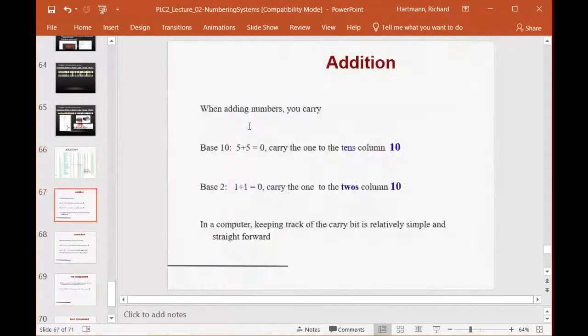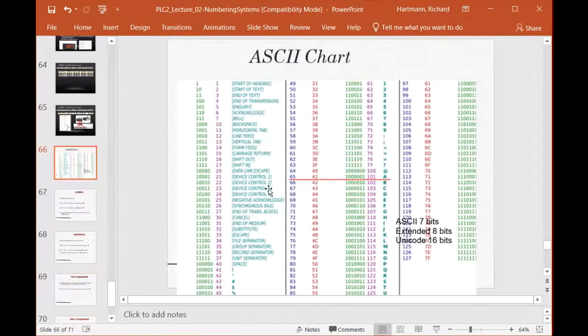All right, so if you wanted to send, say, the letter A in capital letters here, you would send the bits right here. It's marked in this line here. You would send the bits 1 0 0 0 0 0 1, and then you'd send that extra bit as a parity bit.